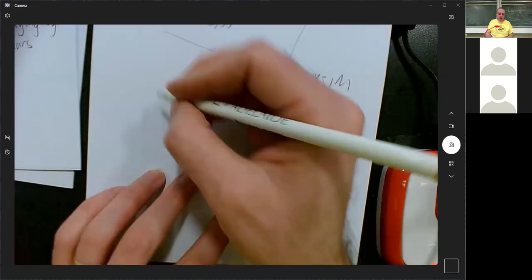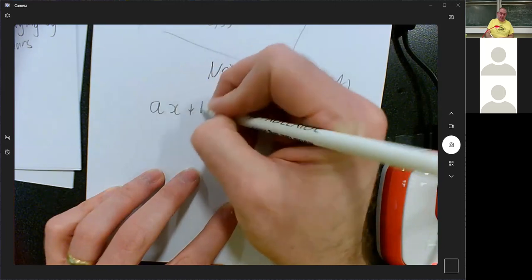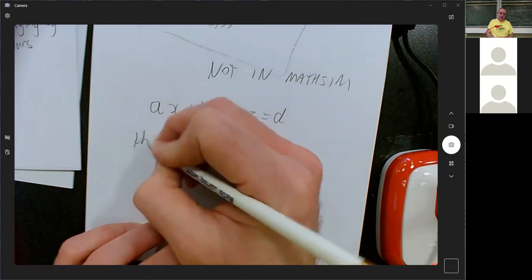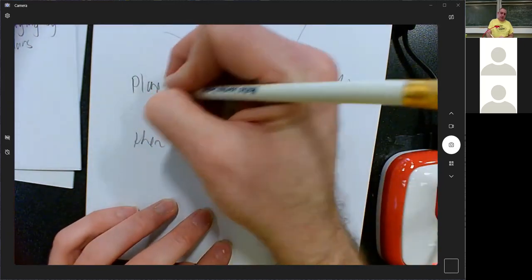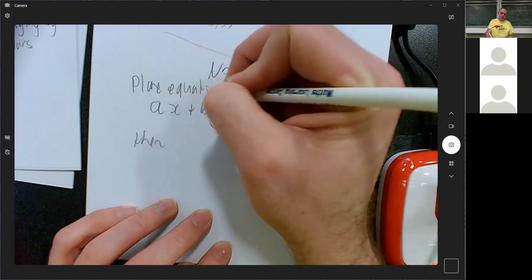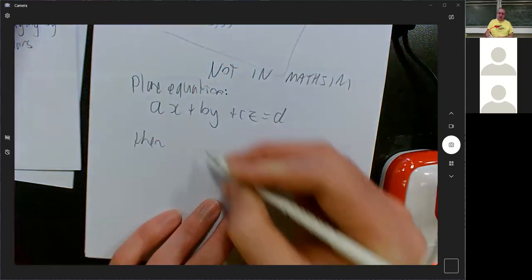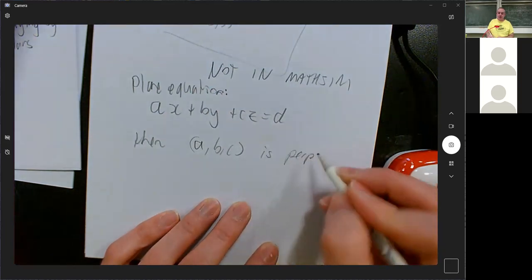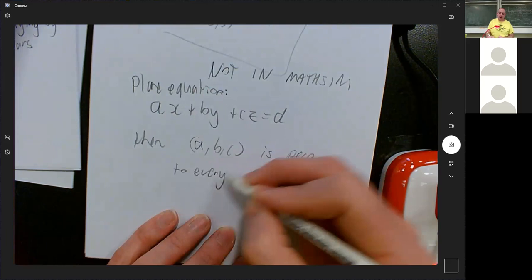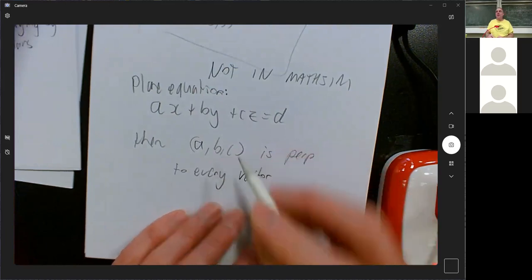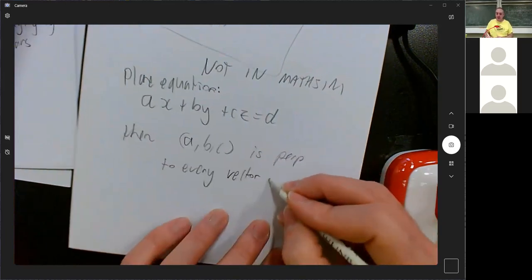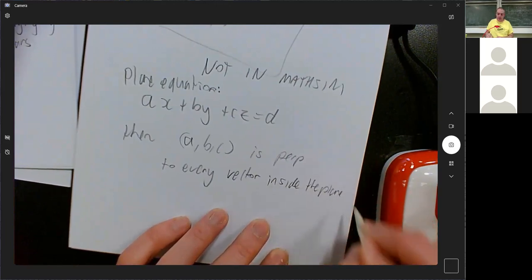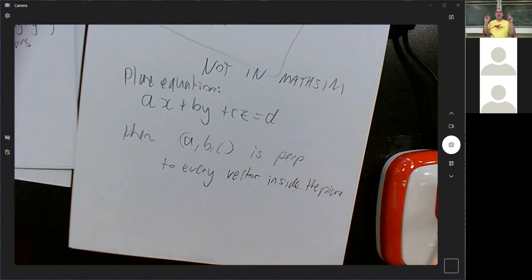So it's worth noting that if you have ax plus by plus cz equals d, a plane equation, then the vector ABC is perpendicular to every vector, and by vector inside the plane I mean a journey inside the plane, and they call that a normal vector.